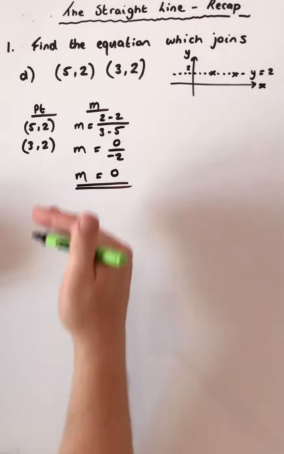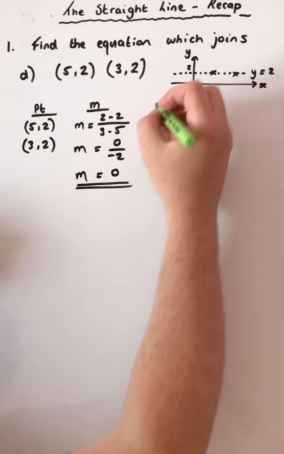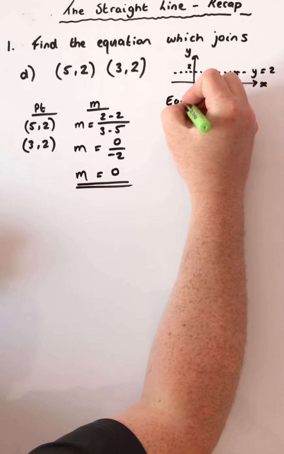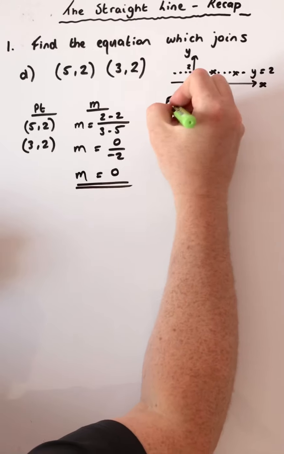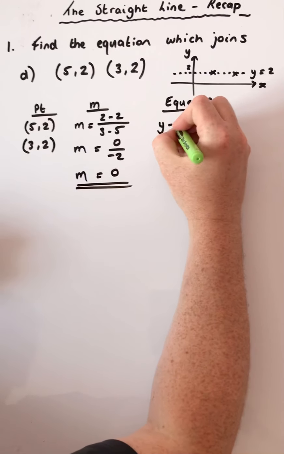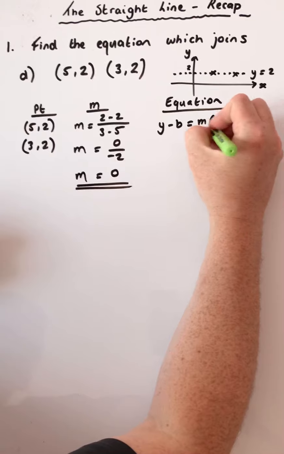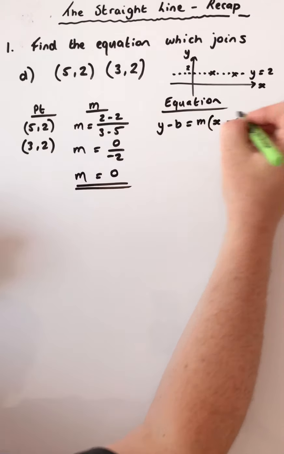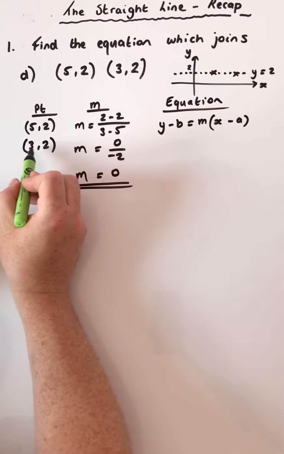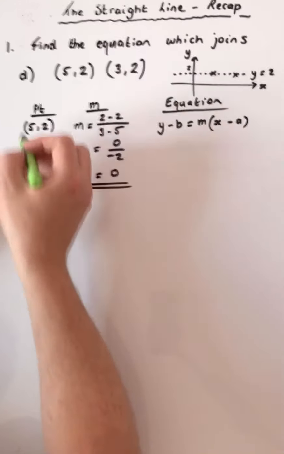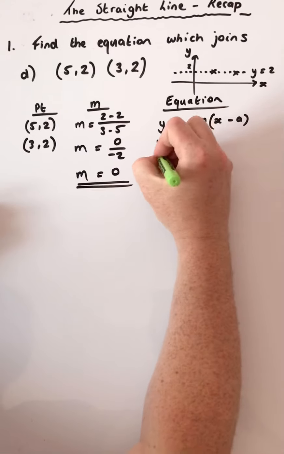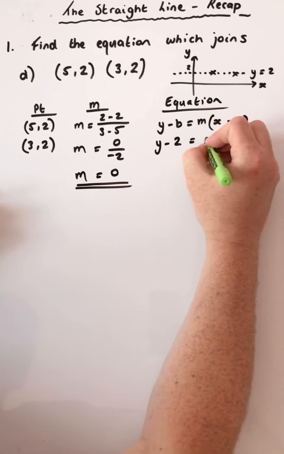So the gradient's 0. So you probably think at that point, yeah, we're okay, we'll keep going with the equation. So y minus b equals m times x minus a. What will we choose? We'll just choose a lower number here, the 3. Maybe prefer to work with the 5. The b value is equal to 2 either way.